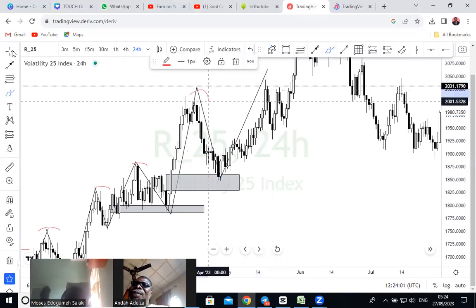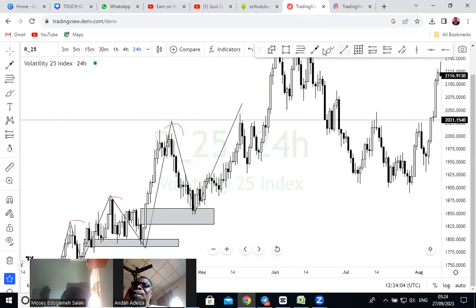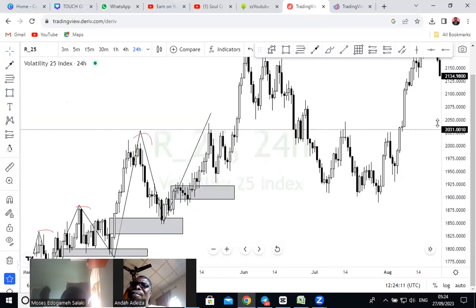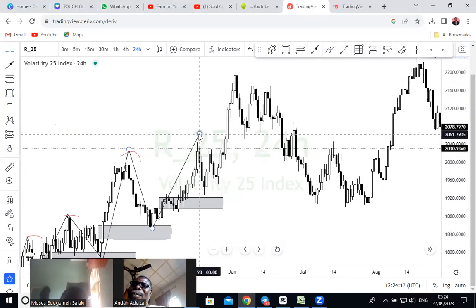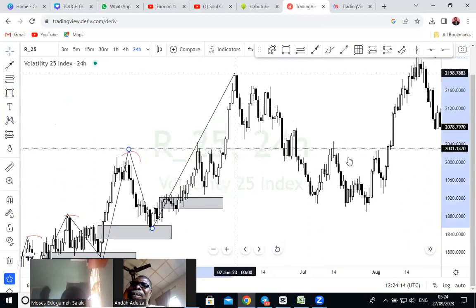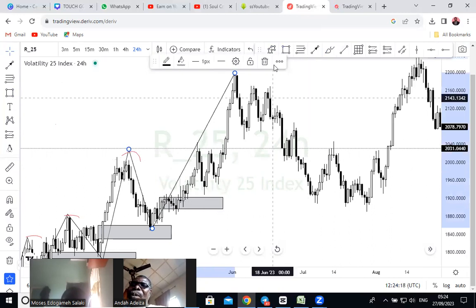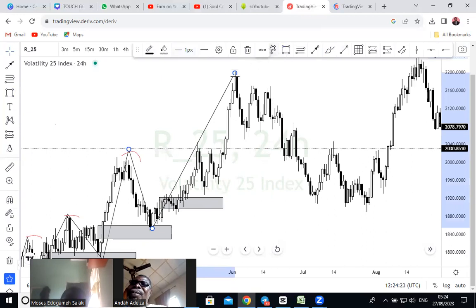The high was taken. What I expected, price returned back to all this side. Price didn't come instantly, or price ran away. But when price ran away, this place was still left. You see how this is daily. You saw that price came back to it after how many days?